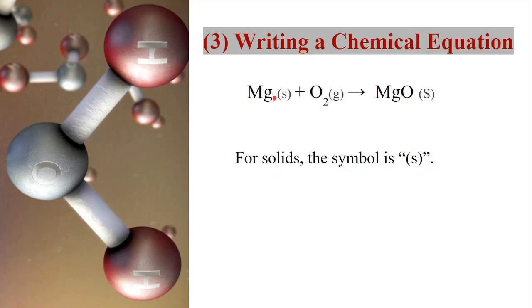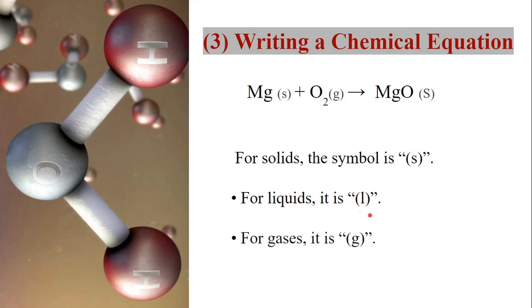Here the magnesium is in solid form, so we use small s. For liquid, it is l. For gases, it is g. For an aqueous solution, it is aq. So these are the physical states for the elements.